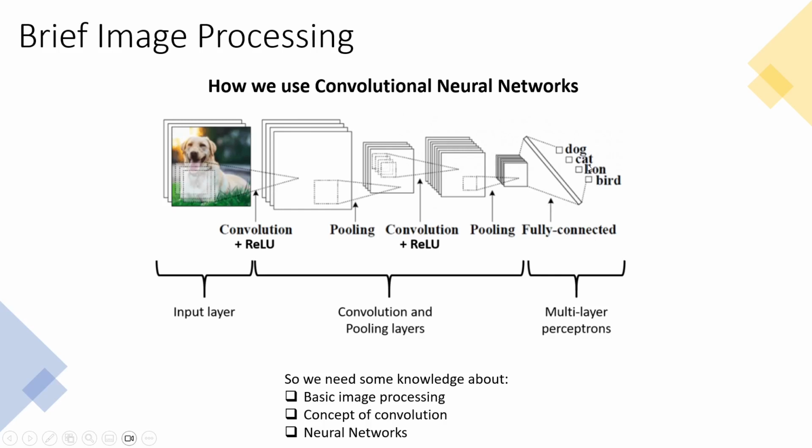If, for example, we decide whether we have a dog, cat, lion, or a bird in this image, that problem is called classification. We can solve other problems. Basically, we can solve the image segmentation problem, semantic segmentation problem, or localization problem, object identification and localization problem with convolutional neural networks.